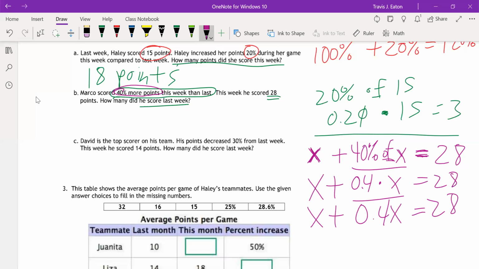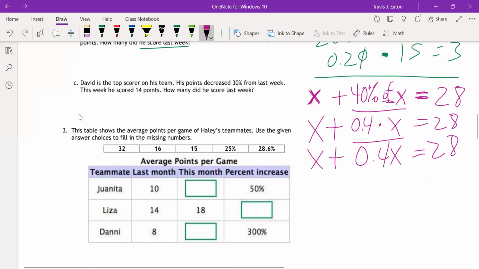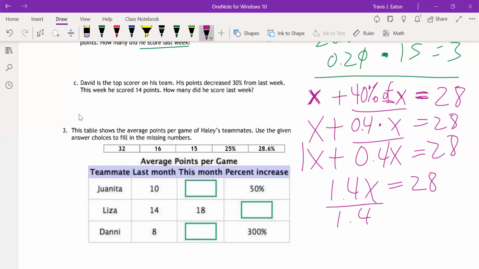All right. Running out of space here. That's okay. Now, x plus 0.4x. Remember, if you have an x, that's a 1, right? 1x plus 0.4x is 1.4x. And that equals 28. Now, if I divide by 1.4 on both sides, now this is not the only way to look at these problems, but that's how we're going to look at this one. Divide 1.4 by 1.4, and we get x equals 28 divided by 1.4.